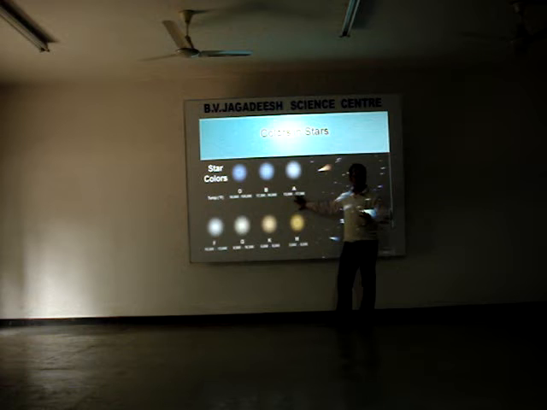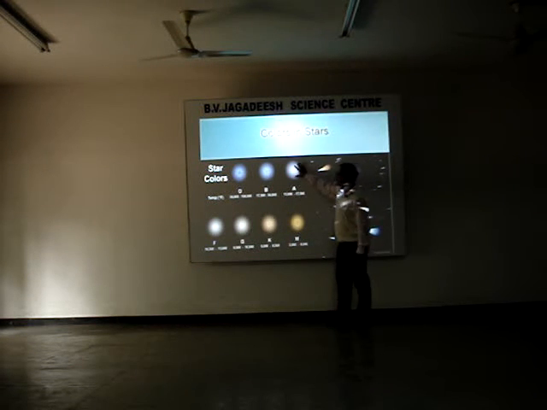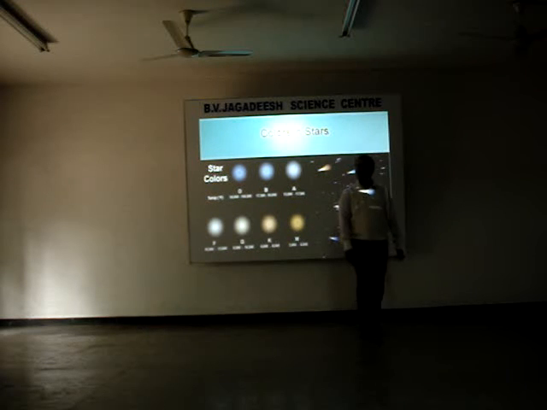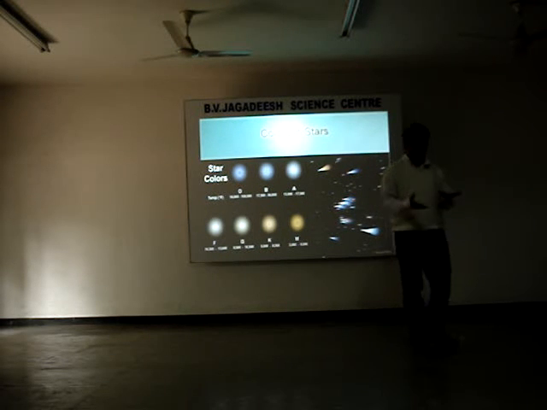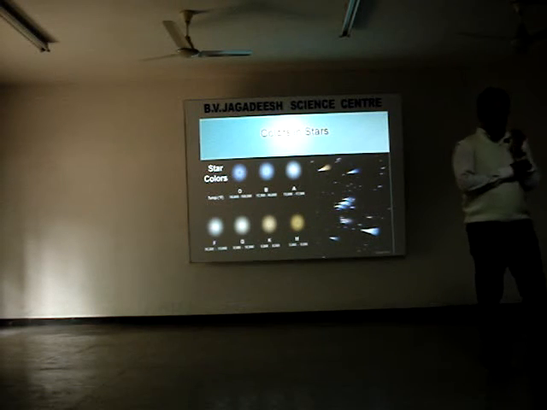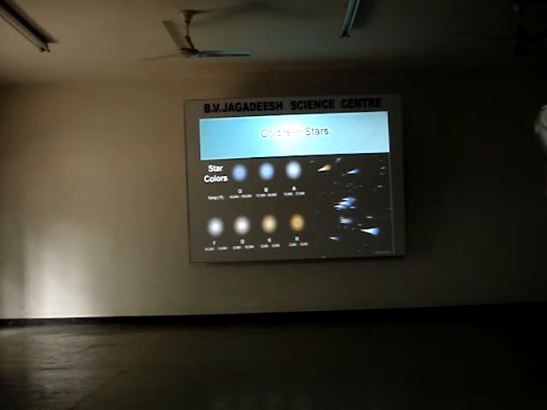The material inside is the same, and the nuclear fusion going on is still the same, but the surface temperature determines the color. Now comes another question. If the surface temperature determines it, does it tell us anything about the life cycle of a star?